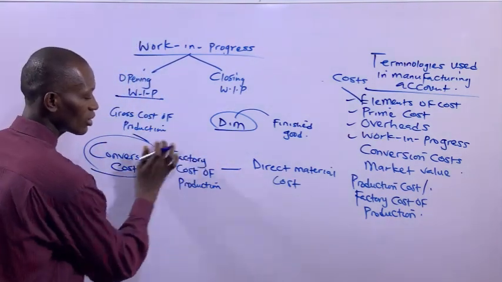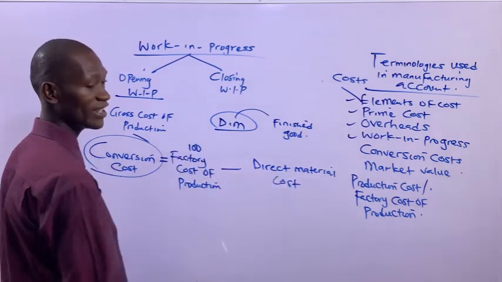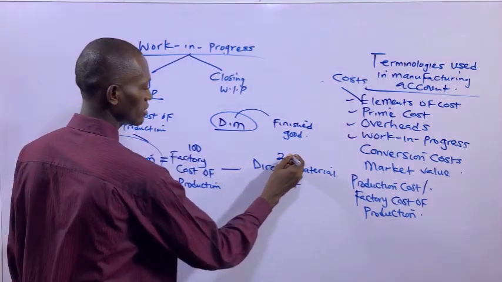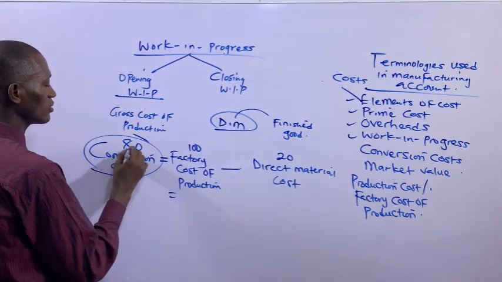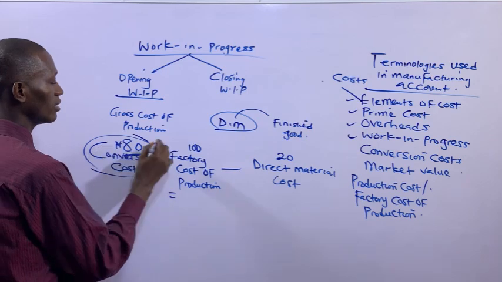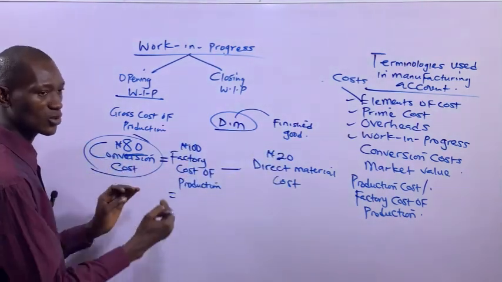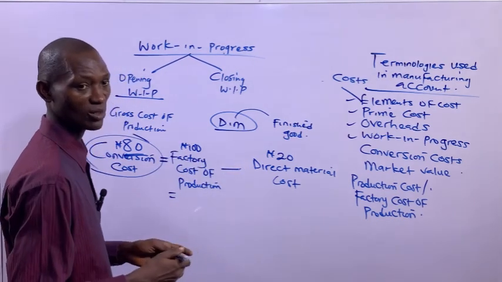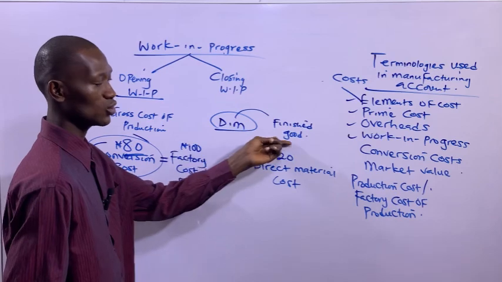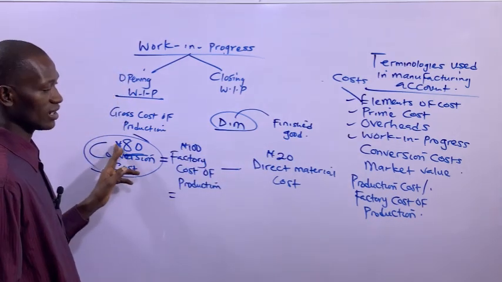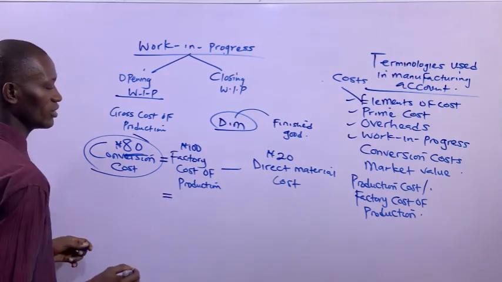So let's say the total cost of production is 100 and the direct material is 20. So 100 minus 20 gives you 80. So 80 naira is the conversion cost. That means the cost of converting or transforming the direct material to finished goods is 80 naira.